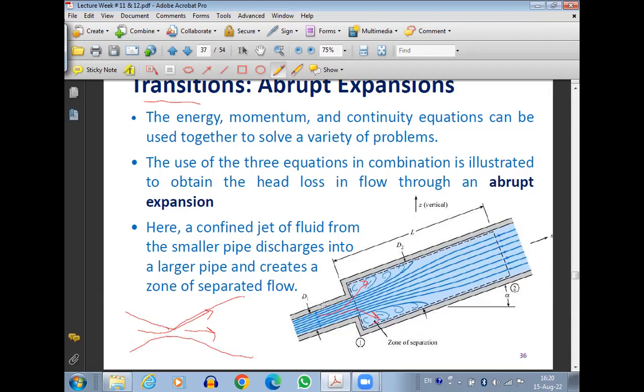Gradual expansion would be something like this. Sudden expansion is like this.